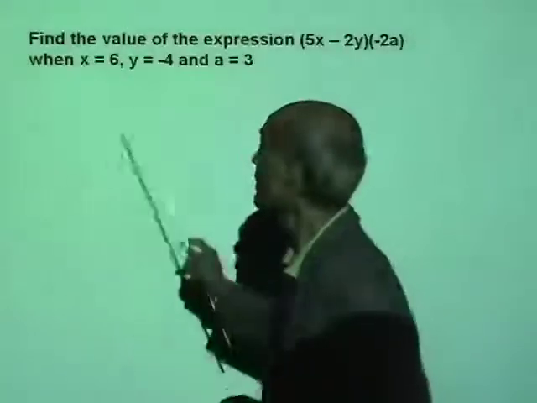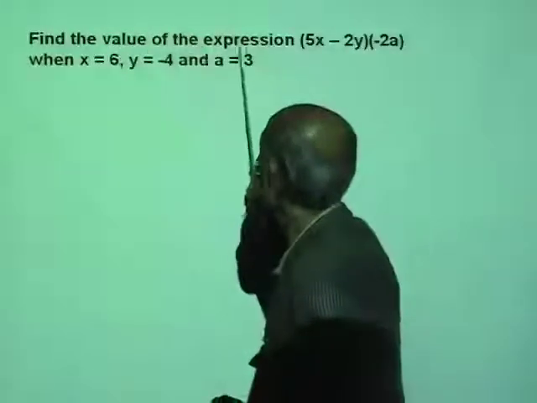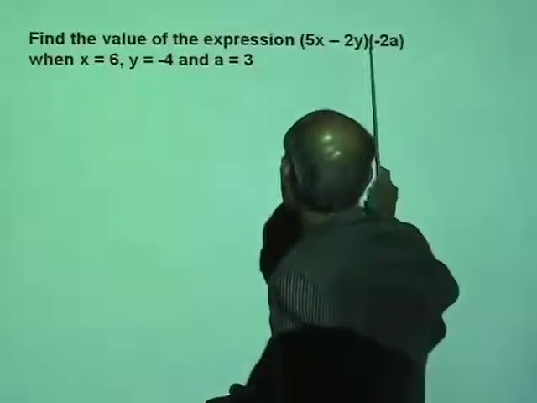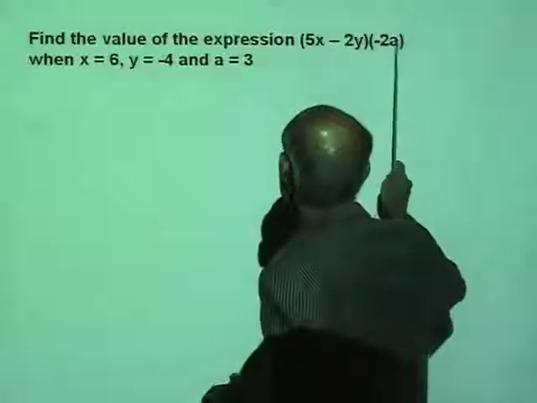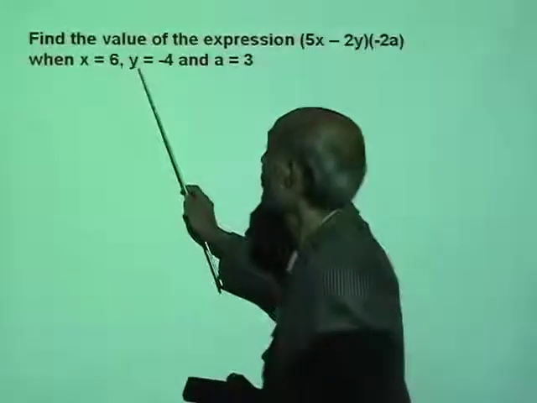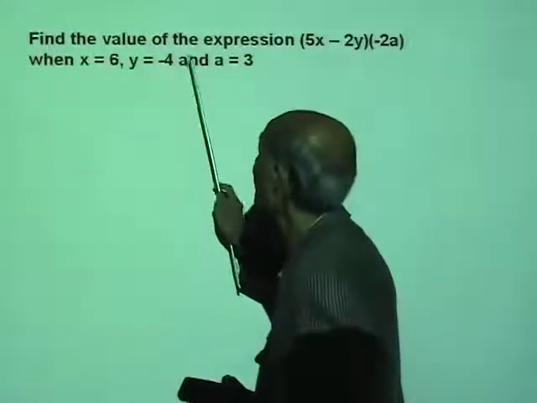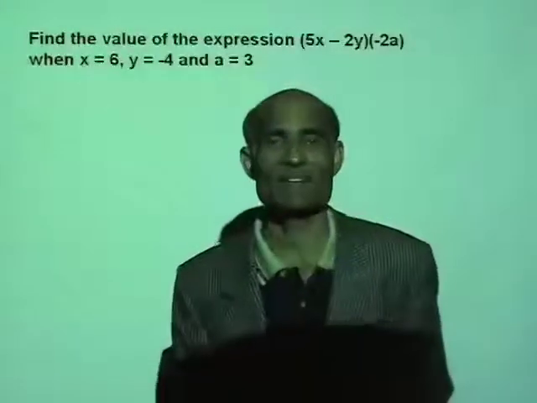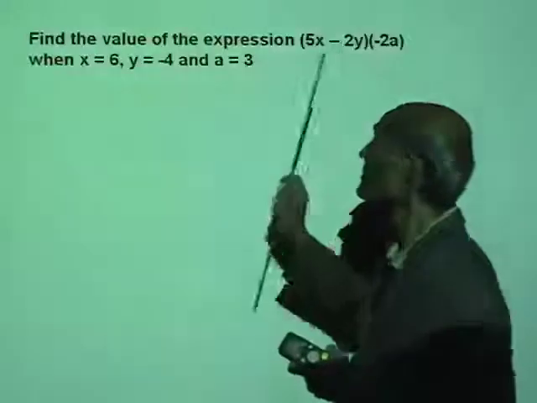Another one. Find the value of the expression 5x minus 2y multiplied by negative 2a when x equals 6, y equals negative 4, and a equals 3. You have an expression given.